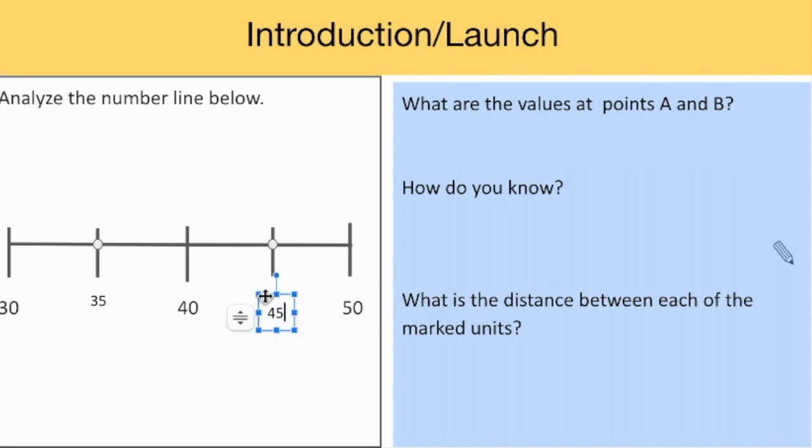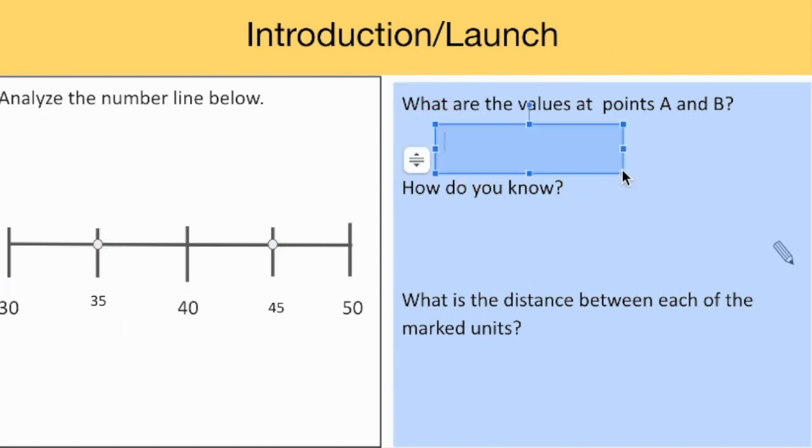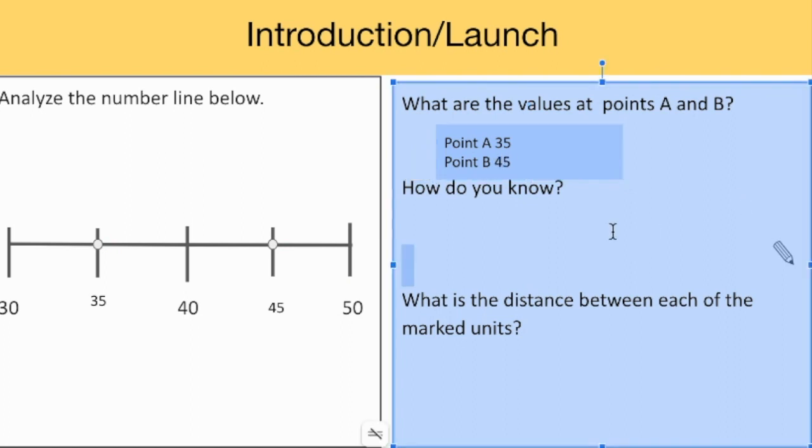I agree with you. I think this makes sense. 35 is halfway between 30 and 40, and also 45 is halfway between 40 and 50. What are the values at points A and B? Let's answer that. Point A, we can say 35, and point B, 45. How do you know?